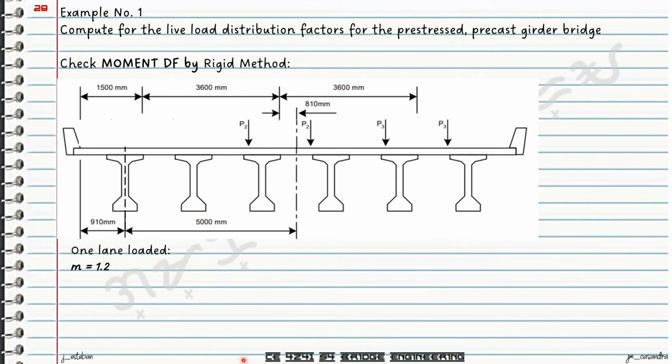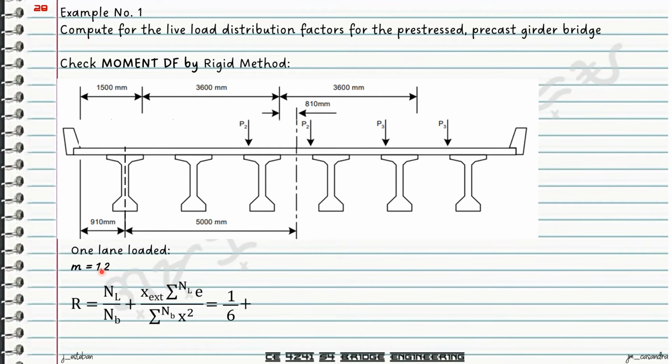So our equation for our reaction will be considering only one vehicle. That's for P1. So your reaction now will be equal to this equation. NL, we are only considering one lane, so that's 1. Total number of beams is 6, as we have counted.